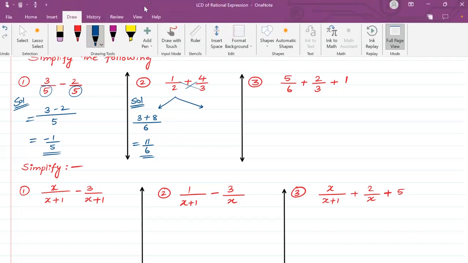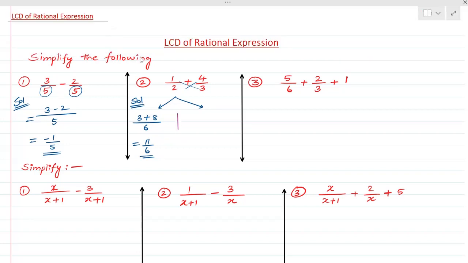Or in another way, we can do this same problem by multiplying by the LCD. So here, what is the denominator? You have 2 into 3, which is equal to 6. Now I have to make this one the same denominator.